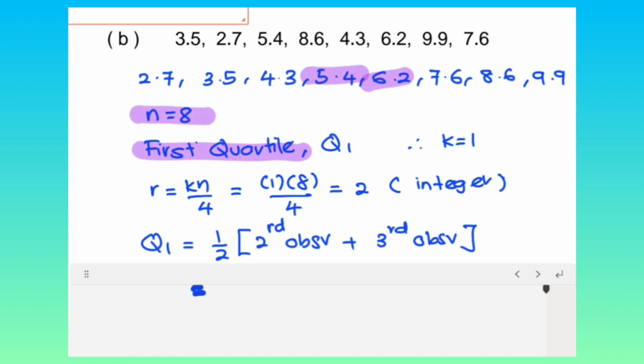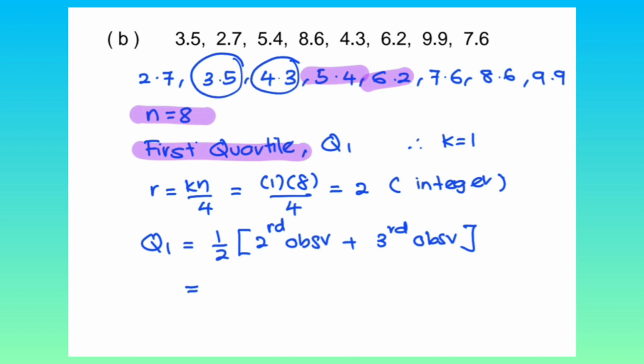From the given data, the second observation is 3.5 and 4.3 represents the third observation. So here it will be 1 over 2 times 3.5 plus 4.3. Please find the answer by yourself.